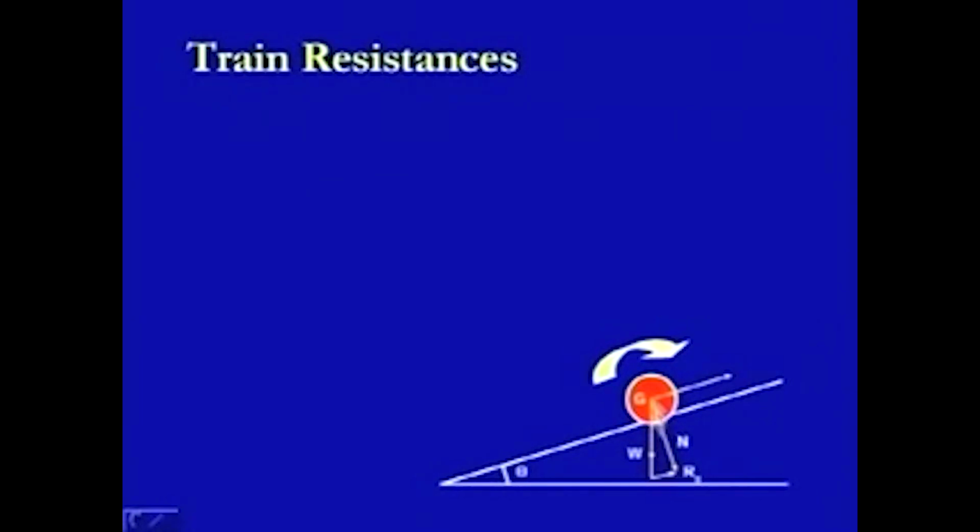The weight of this wheel is working vertically downwards. There is a normal component which is working perpendicular to the level of the rails, that is defined by N, and then there is a resistance being offered in this case which is defined by Rg, which is being shown in the vector notation here. G is the CG of this wheel through which this weight is acting.